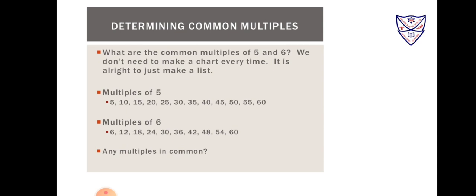And multiples of 6 are 6, 12, 18, 24, 30, 36, 42, 48, 54, 60. Can you see any common multiples between 5 and 6? Yes. Which are the common multiples? 30 and 60. So this way we can find common multiples.